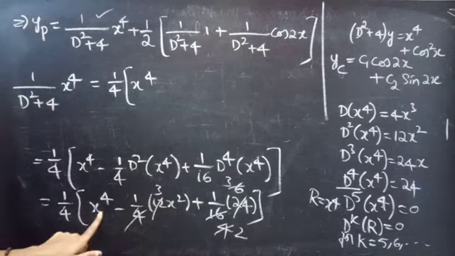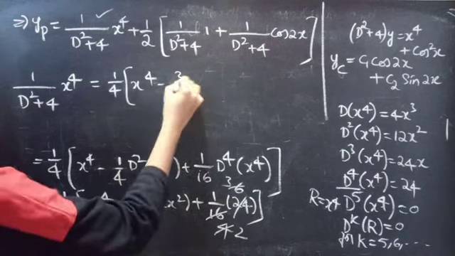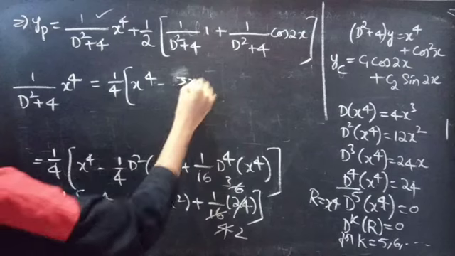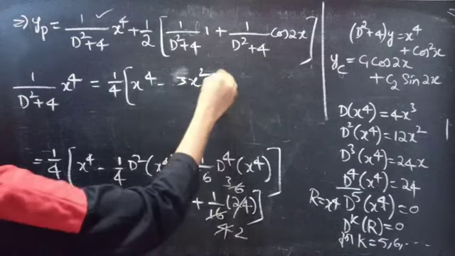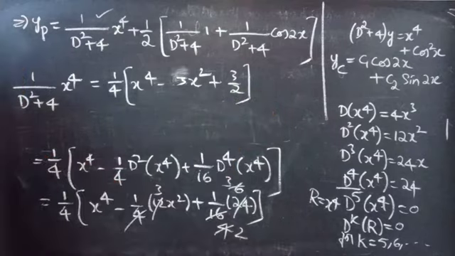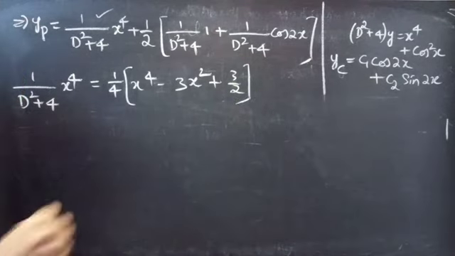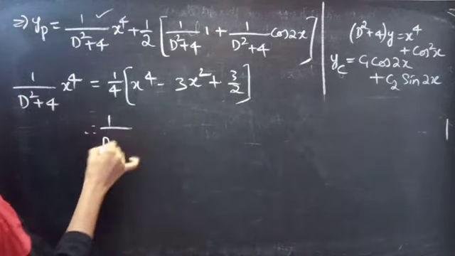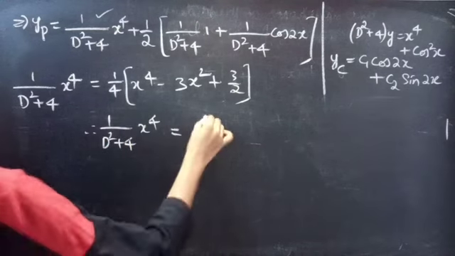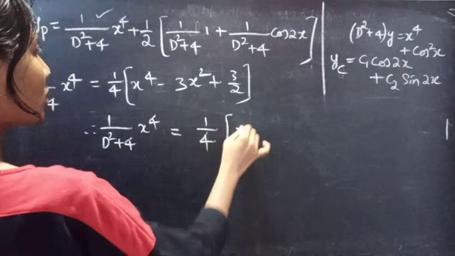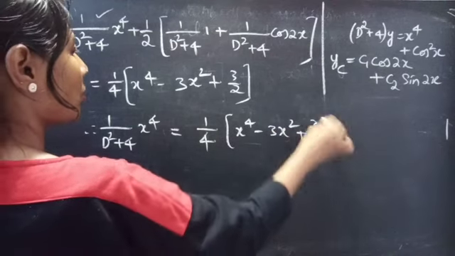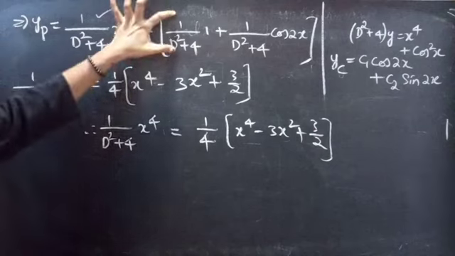So you'll get x power 4 minus 3x square plus 3 by 2. Therefore, 1 by f of D into x power 4 is 1 by 4 into (x power 4 minus 3x square plus 3 by 2). Now let's find 1 by f of D into 1.